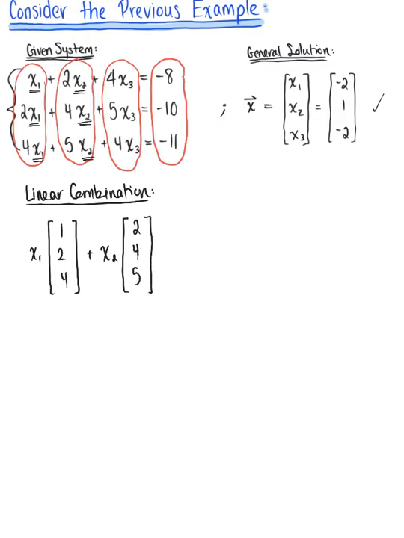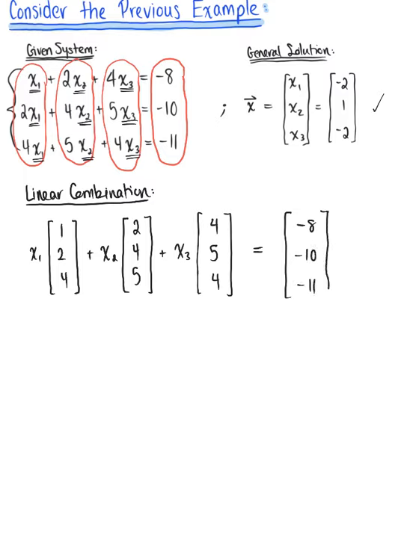Moving on to our third column, we can pull the common scalar x sub 3 out in front and multiply it by the column vector of coefficients 4, 5, 4. And this is equal to the constant vector on the right-hand side: negative 8, negative 10, negative 11.